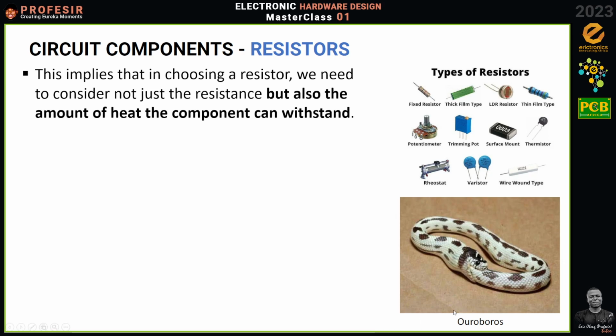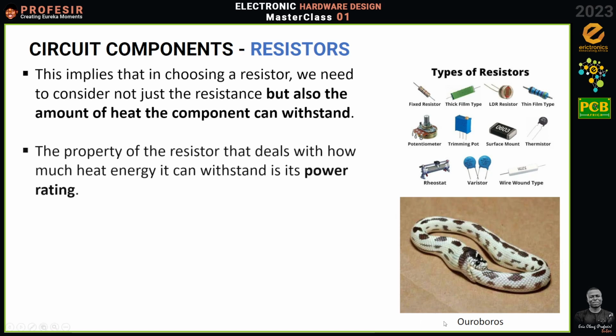So if you have ever built a circuit and you ended up with your resistors browning out or blacking out or burning out, then it means that you chose a resistor that couldn't handle the amount of energy it was dealing with. So yeah, that burning would definitely occur.